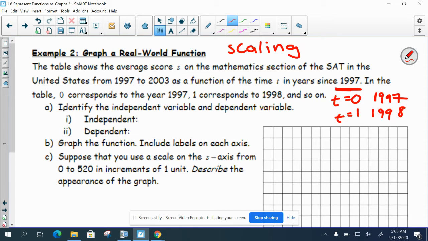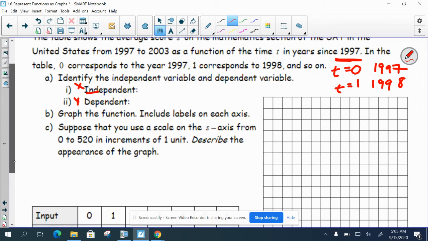Okay, so I first identified the independent and the dependent variables. So independent is your input variable, your x, and then the dependent variable is your y. So which one would be the x variable? So I guess I should show you the table.